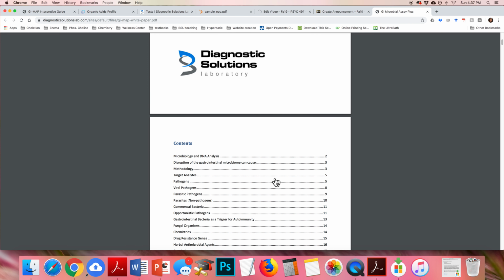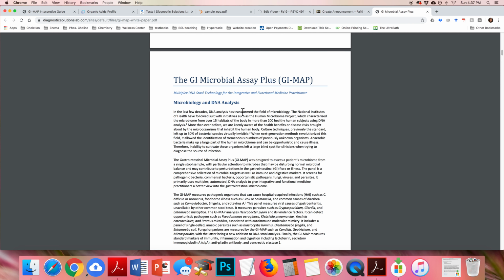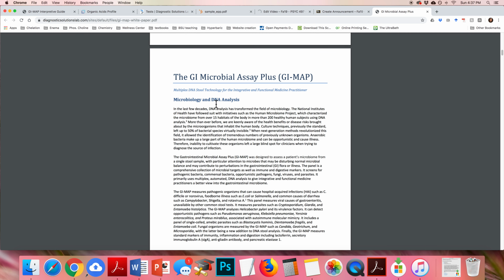Okay, so this document goes over exactly how things are analyzed. It talks about the nature of the test. It is a gastrointestinal microbial assay, and what it does is it looks at the microbial balance that contributes to perturbations in the GI. Okay, so again, when you think of the gastrointestinal tract, do not simply think of the tract itself, right?